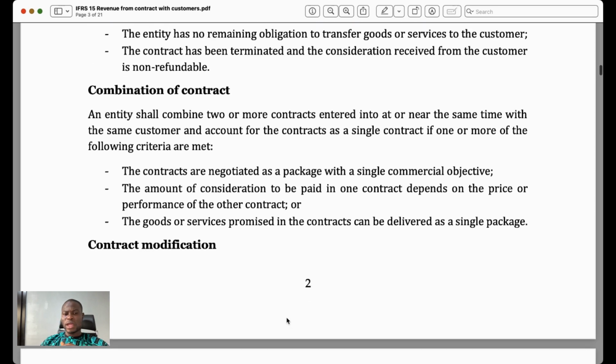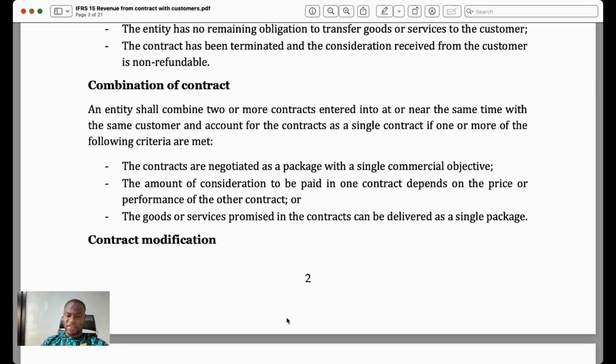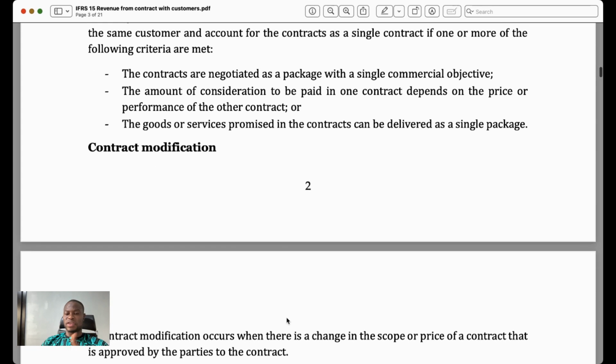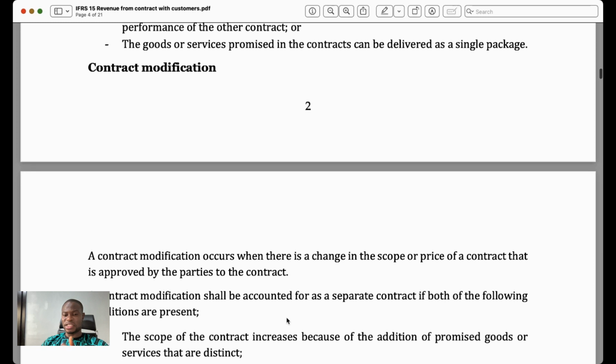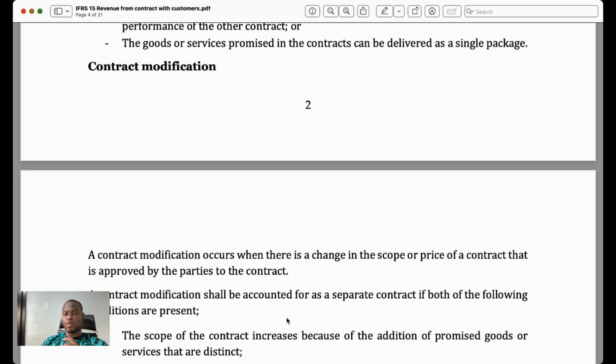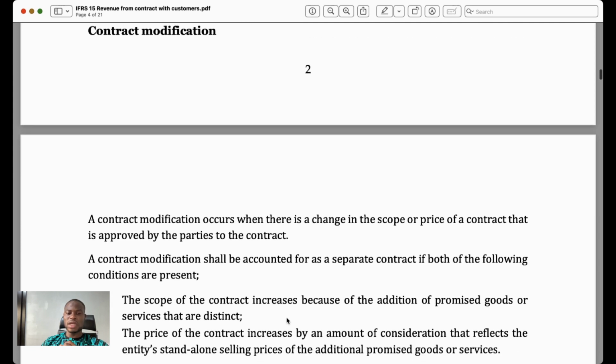Again, a contract can be modified. So that's contract modification. A contract is modified when there is a change in the scope or price of a contract that is approved by the parties to the contract. So when there is a change in the scope or a change in the price, then we have a contract modification.